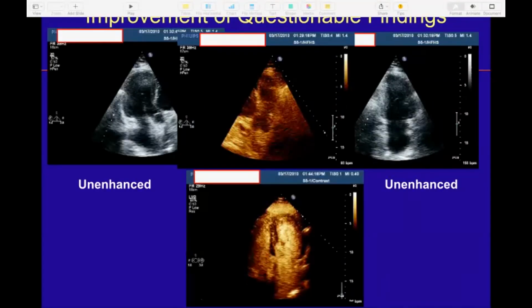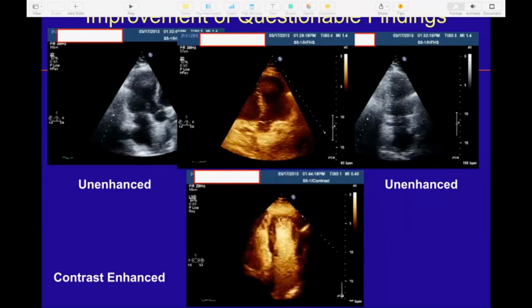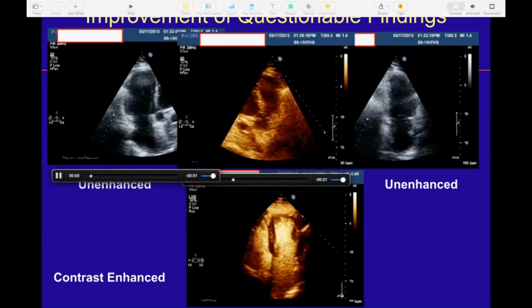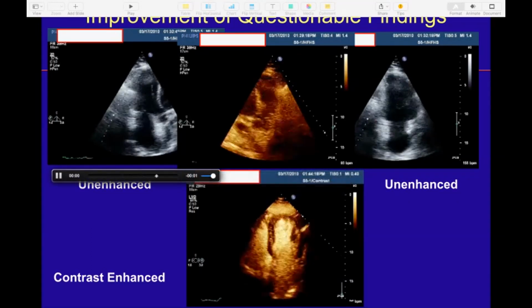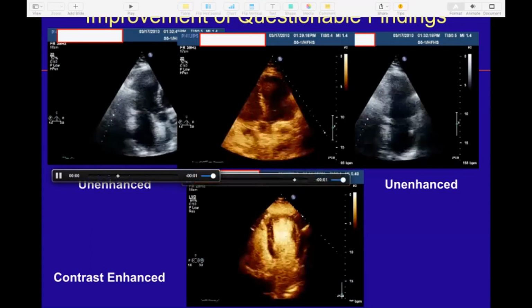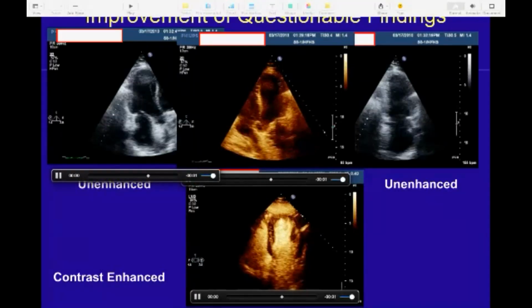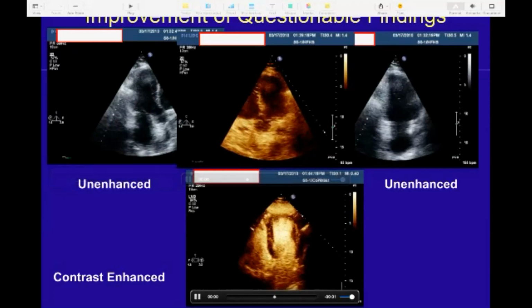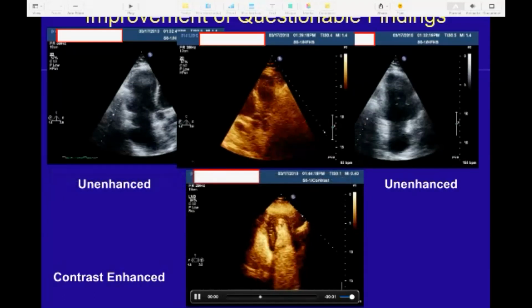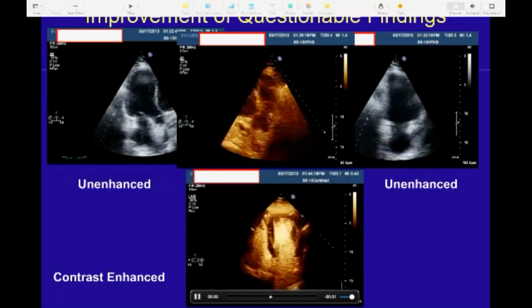Here is another interesting case of a patient where you can see that there is a hazy mass in the left ventricular apex in this particular area. Unclear whether this is thrombus or not, but the moment you give contrast, you can see that that area completely clears up.